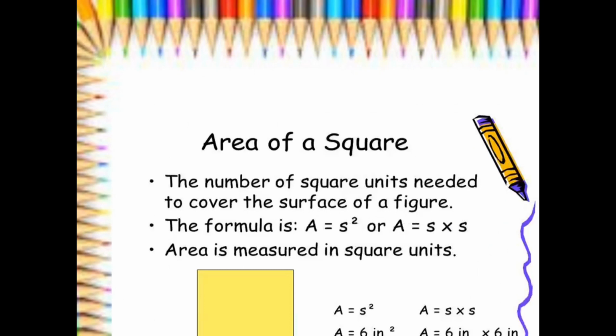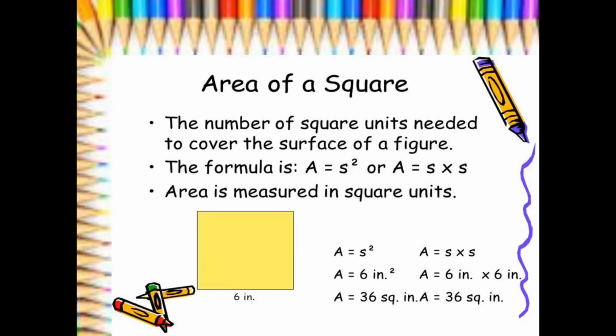Next topic is area of a square, and it is the number of square units needed to cover the surface of a figure, and its formula is A is equal to S square, or A is equal to S multiplied by S, where S is the side of the square and area is measured in square units.